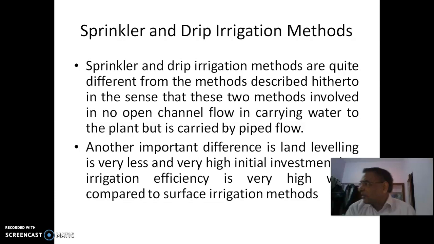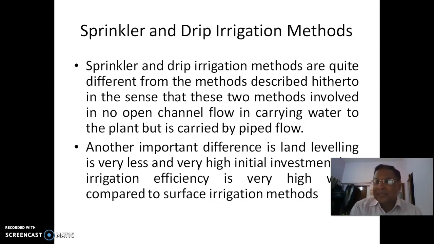So that is the fundamental difference. So far we have seen all the surface flow methods, where open channel flow is the main thing.